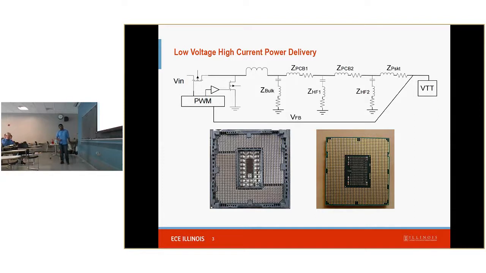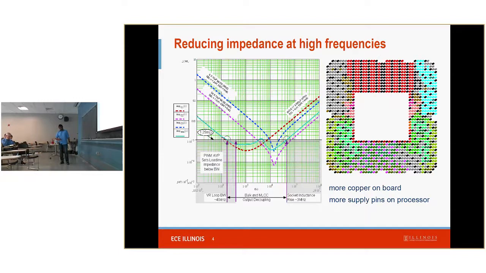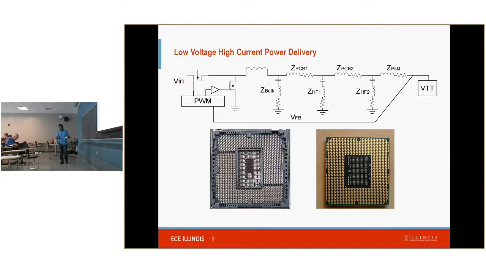Now, the main problem with this power delivery method is that for a processor I need a voltage VTT that can be around 1 volt or 0.8 volt or 1.2 volt, that's very low, and they can sink a lot of current.